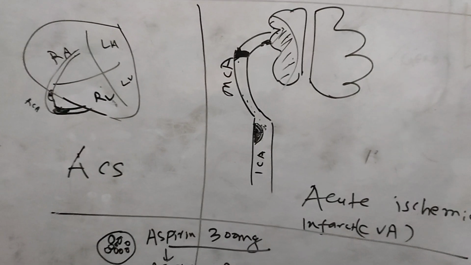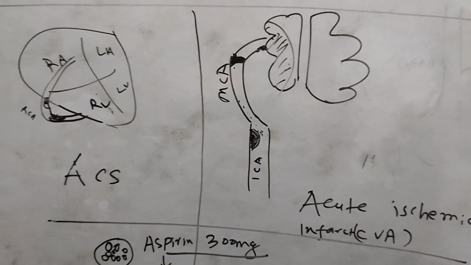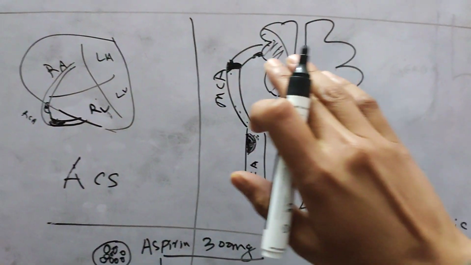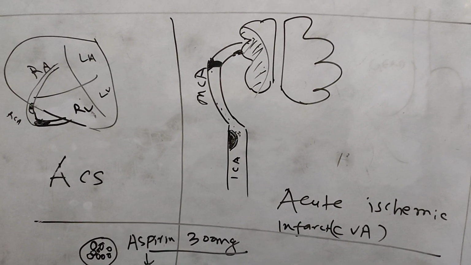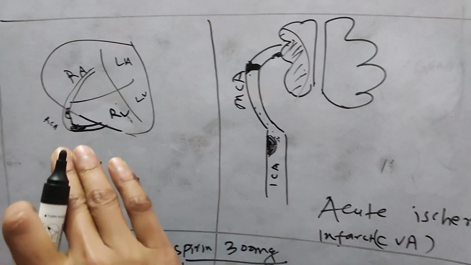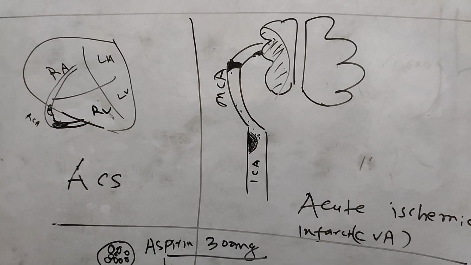So to prevent the next embolism, we can give anticoagulants, but for treatment purposes we don't give anticoagulant in ischemic infarct, but here we give it for treatment purposes.